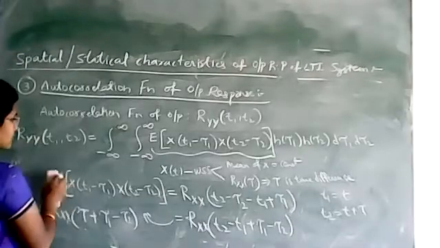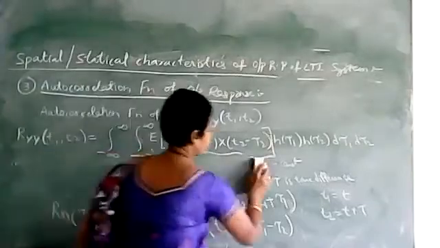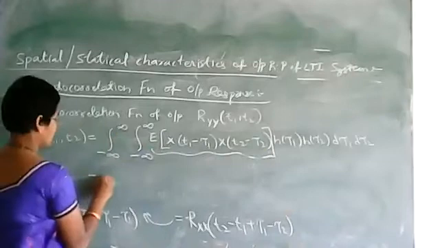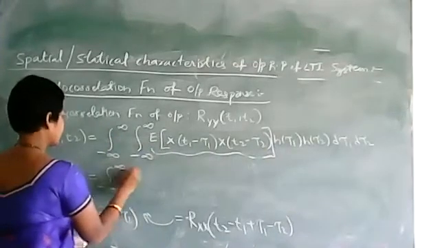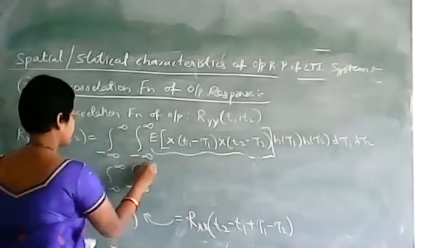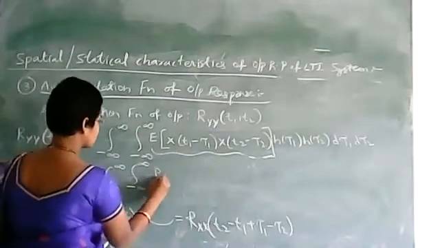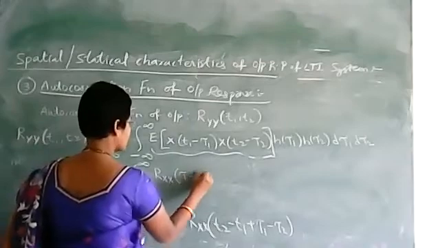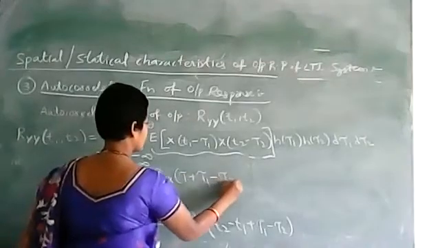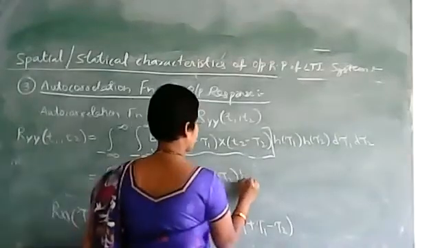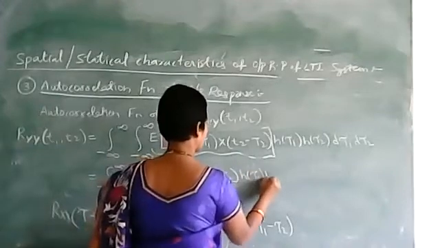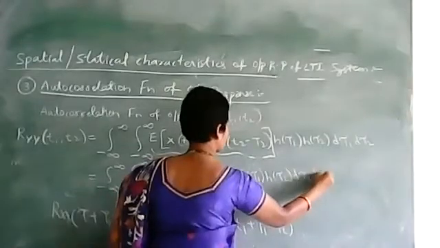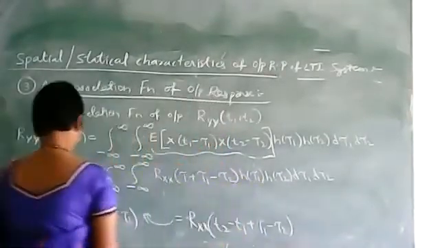So this equation we replace where the double integral from minus infinity to plus infinity, this we have discussed now, is R_xx of tau plus tau 1 minus tau 2 h of tau 1 h of tau 2 d tau 1 d tau 2.